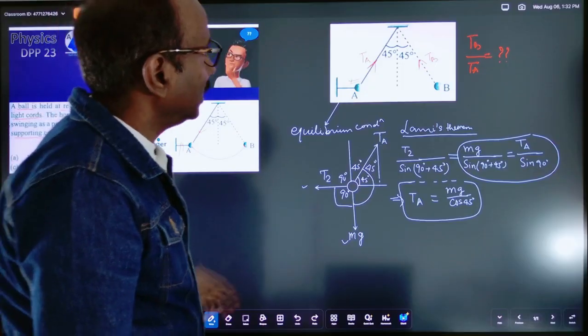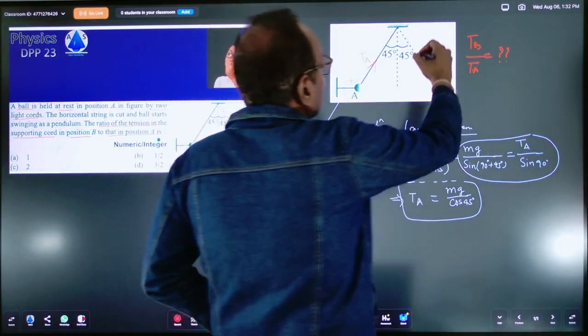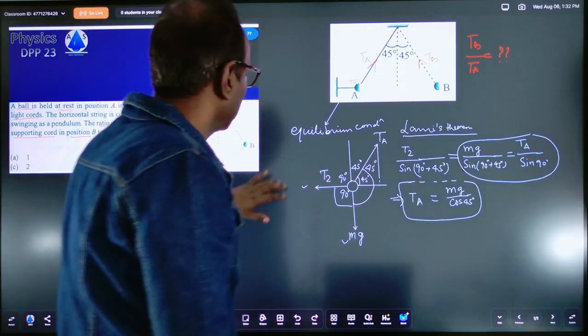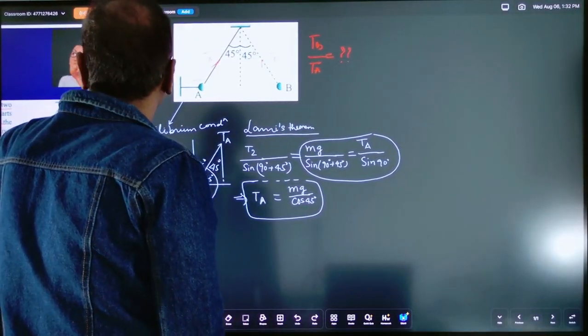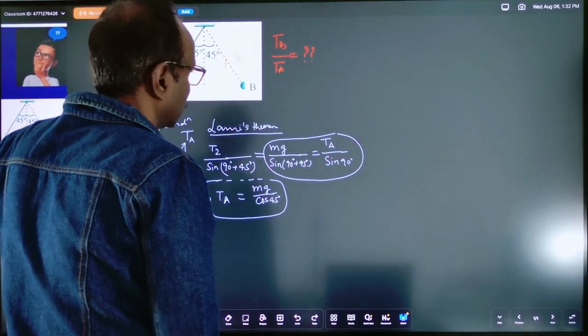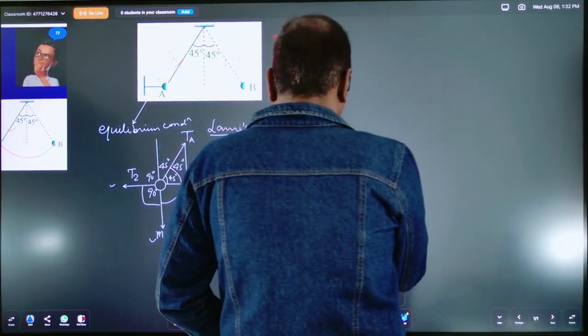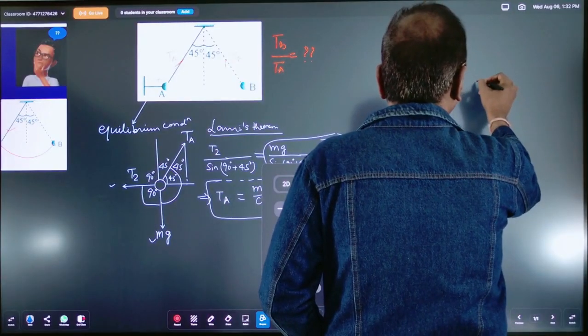Now we will attack the tension in the thread at B location. We will again make the free body diagram for the B location.